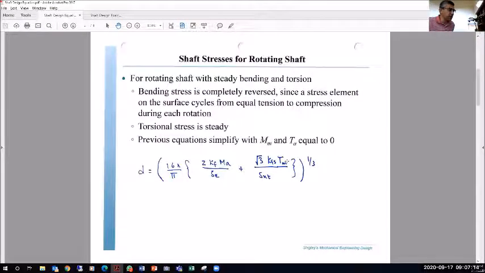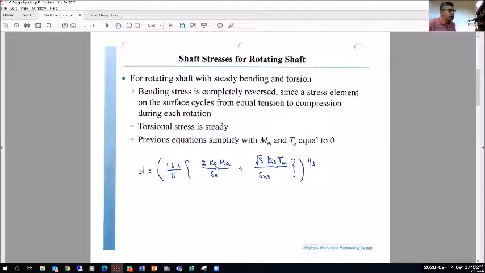What this is telling me is that when you are designing a shaft, if you can find your Ma and Tm and start with some fatigue concentration factors, knowing an estimate of your fatigue endurance limit, Se, and knowing your ultimate tensile strength, you should be able to come up with d.